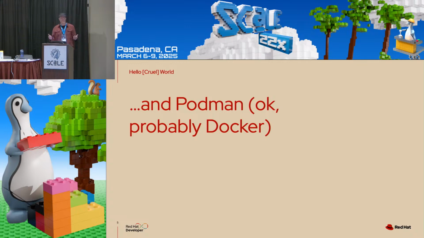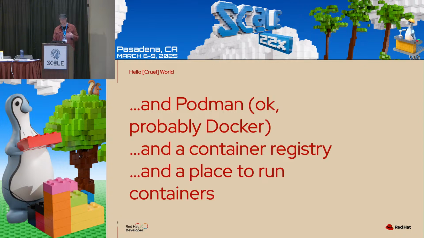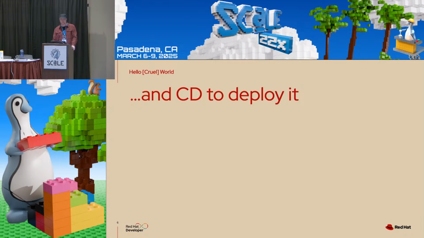But over time, things have evolved, right? Now developers may need to use something like containers. They may be using Podman or, more likely, Docker. They're going to need a container registry to push that container image to. They're going to need a place to run containers, like a Kubernetes cluster of some sort.